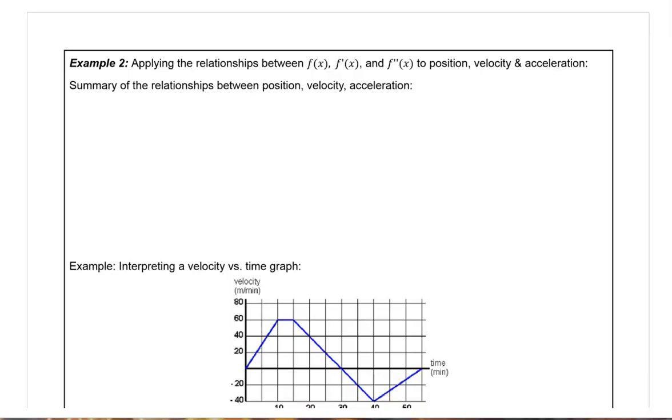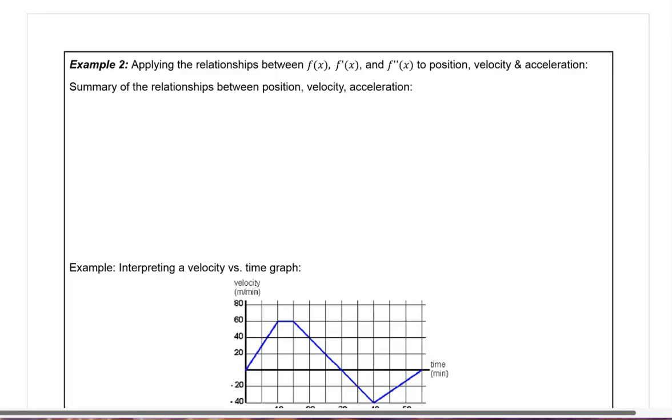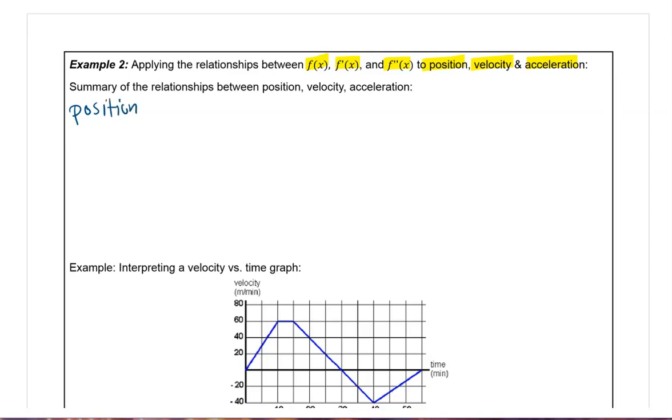Lastly, we're going to end with our second example, which connects the ideas of position, velocity, and acceleration to f prime and f double prime. We can think of position as f, although often we refer to that as s of t because that's what our book calls it. Velocity is the first derivative of position, and we also call it v of t.